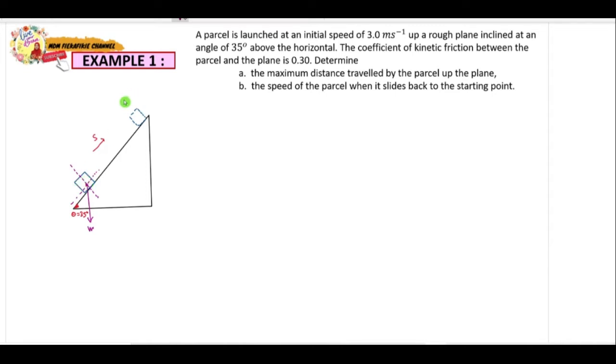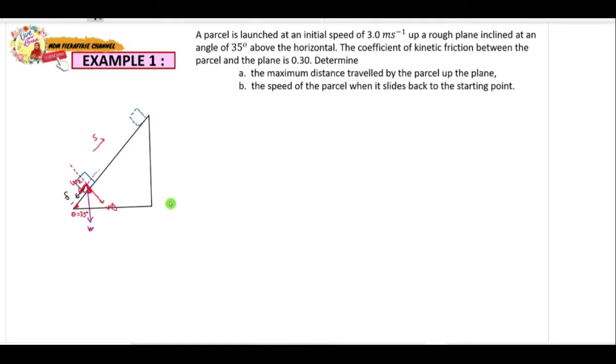So dia bergerak ke atas, so frictional force mestilah bertentangan. Okay, so for example in this direction we have frictional force, and at the same time we need to resolve. Okay, W into Wy, so this is the angle of 35 degree, and resolve into Wx.